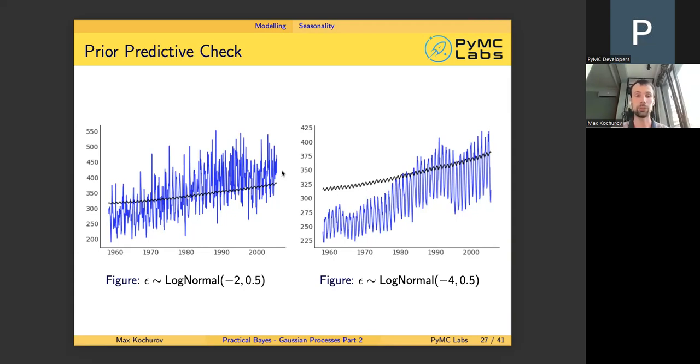So epsilon shouldn't allow these oscillations to happen. And in order to enforce that, we can change our prior about epsilon to be more informed towards less magnitude of observational errors.